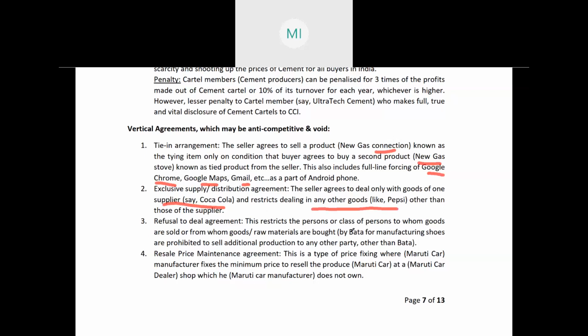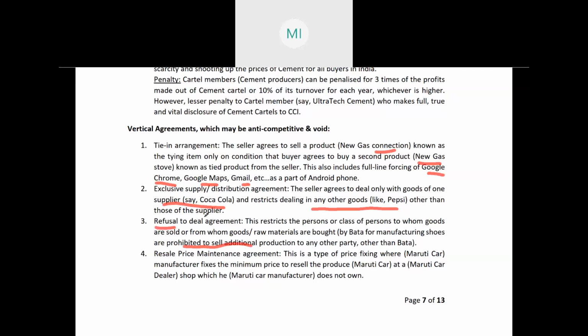Generally Bata doesn't manufacture shoes. They just get the shoes manufactured by someone by giving the raw materials. So people who are supplying the raw materials to Bata are prohibited from selling. If they produce excess raw materials, they will not be allowed to sell to any party apart from Bata. So this kind of agreement is called a refusal to deal agreement.